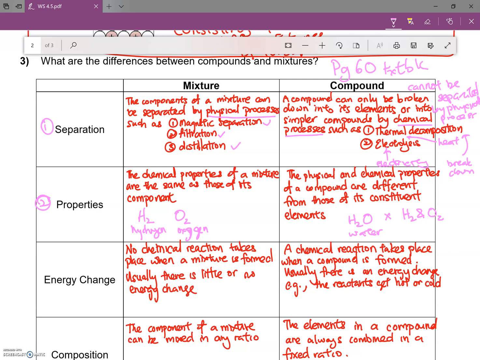So in terms of the physical state, it's different, and in terms of how they react, it's also different. Do take note, the physical and chemical properties of a compound are different from those of its constituent elements, whereas for a mixture, the chemical properties are the same as those of its components.